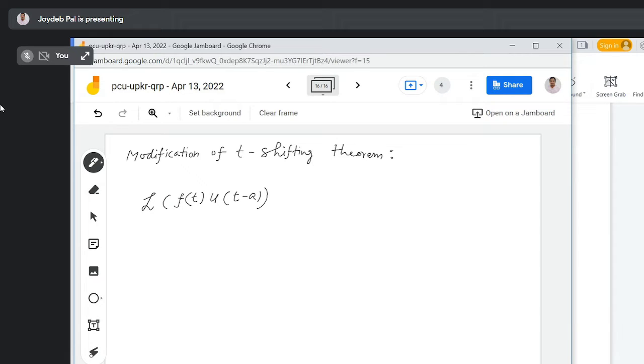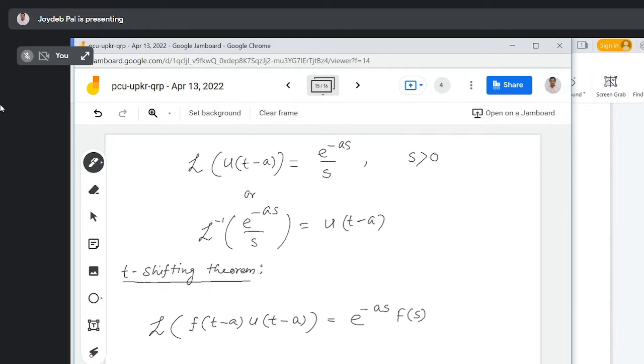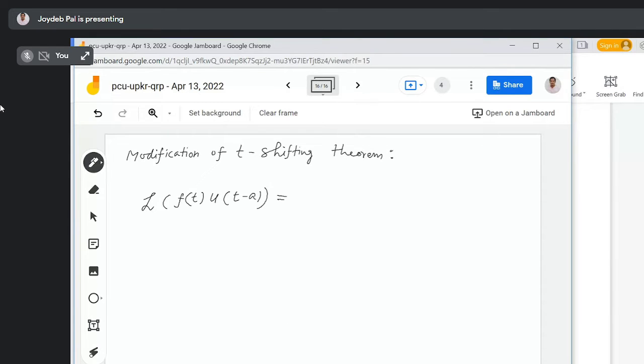If it is simply f(t) u(t minus a), in most cases you will get this type of function, a function multiplied by a Heaviside function. So how do we find the Laplace transform of f(t) u(t minus a)? What is the formula? From that basic formula, you can derive the modification formula.